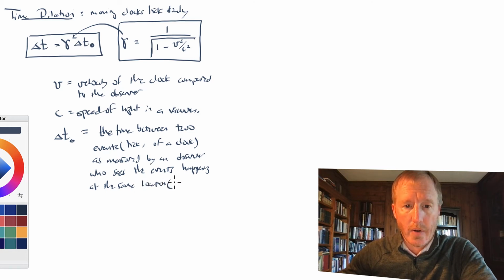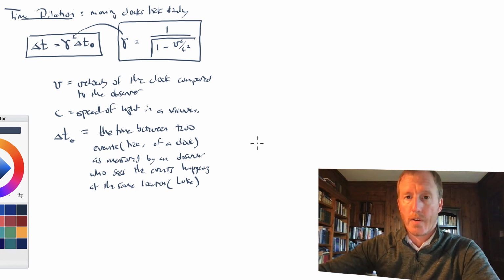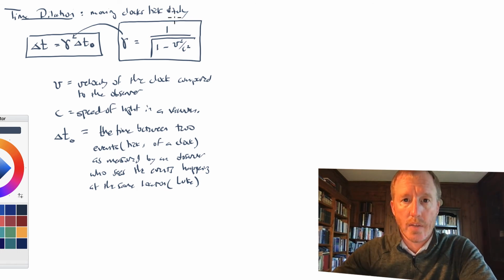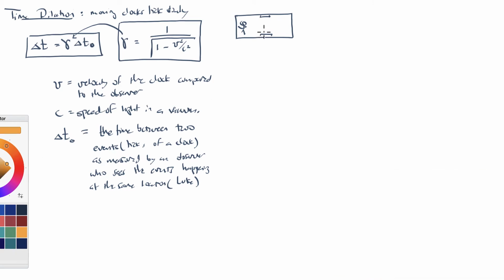And that, in our case, would have been Luke in our previous example, the person who's riding on the spaceship and sees the clock right in front of him. So remember, in that case, let me draw a picture here. We had Luke riding on the ship, and we had this light clock where light was bouncing back and forth between these two mirrors, and each time the light hit the bottom mirror, it would tick.